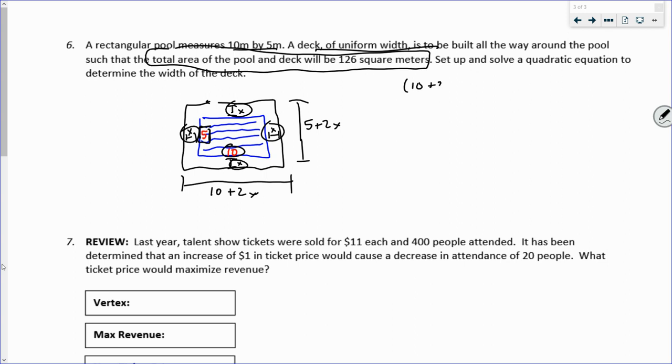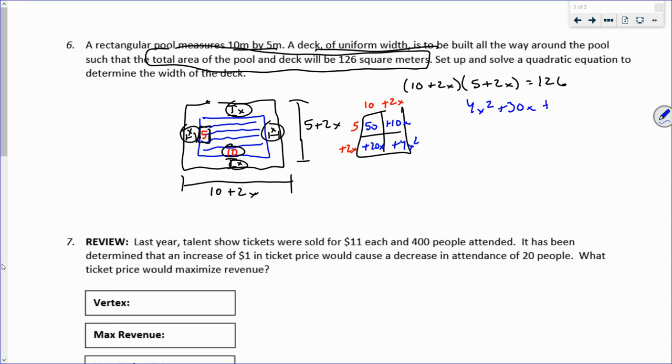So I'm going to do this, which means if I Punnett square that thing out, I'm going to get 50 plus 10x plus 20x plus 4x squared. So that's 4x squared plus 30x plus 50 equals 126.